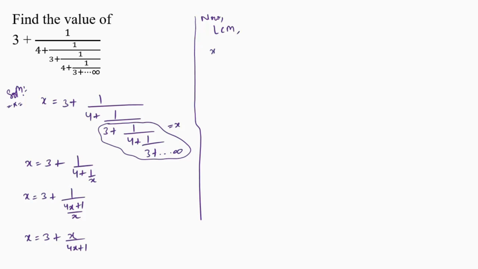We get x equals 3 times (4x plus 1) plus x divided by 4x plus 1. And solving this, we get 3 times 4x equals 12x, plus 3 times 1 equals 3, plus x, divided by 4x plus 1.